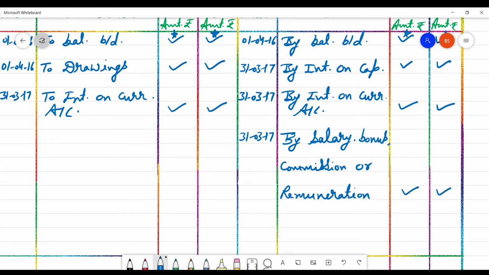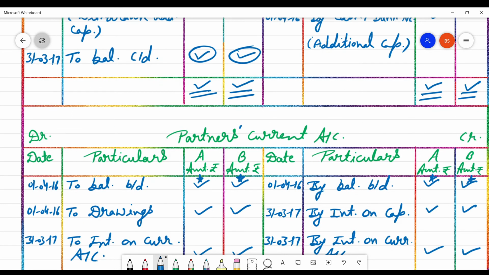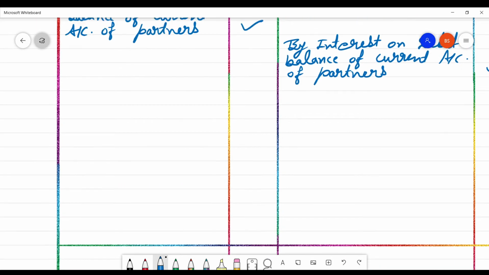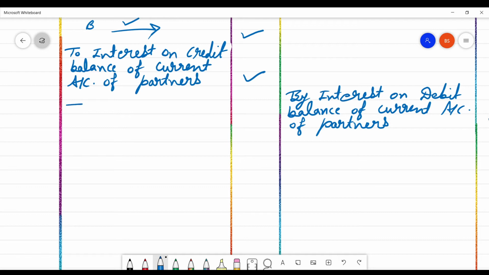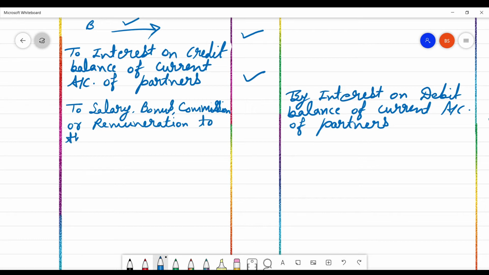And the same will be transferred to the P&L appropriation account's debit side, to salary, bonus, commission or remuneration to the partners.